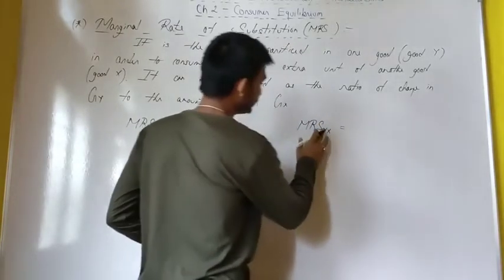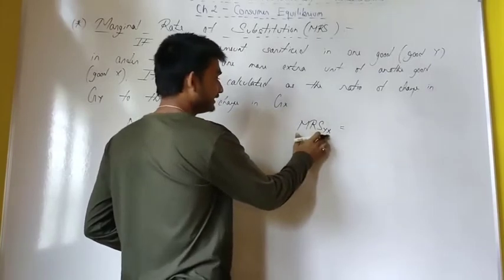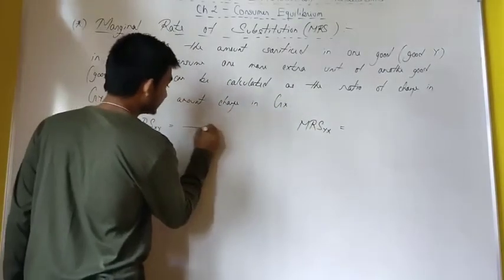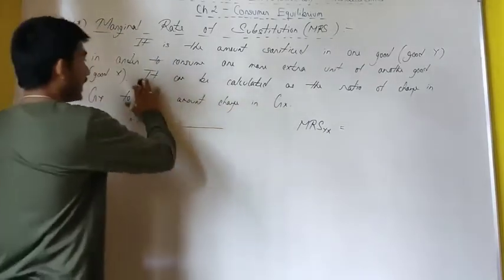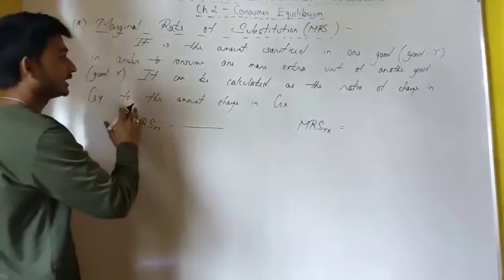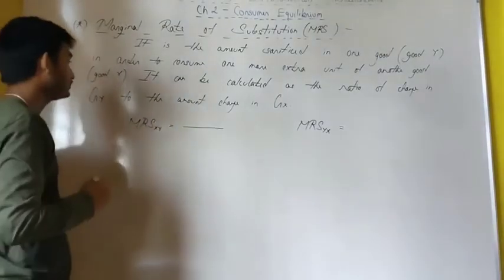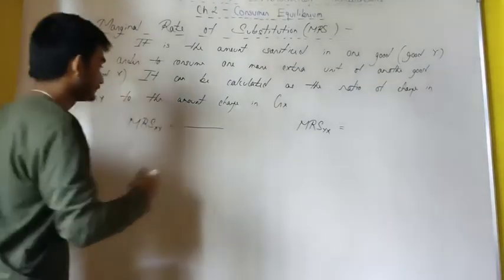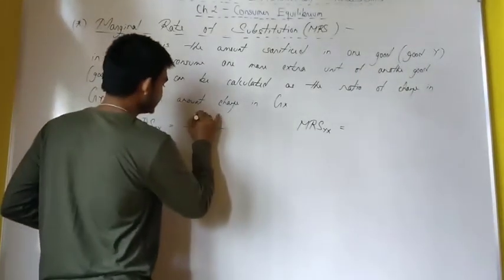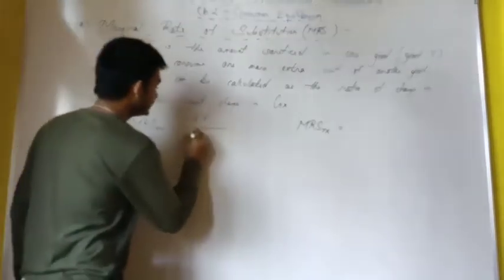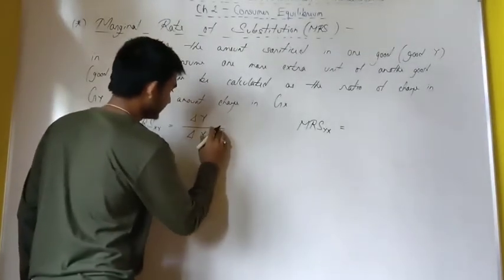Here we want to increase the consumption of Y and reduce the consumption of X. Anyways, now how can it be calculated? It can be calculated as the ratio of change in the amount sacrificed commodity, that is good Y, to the change in X.